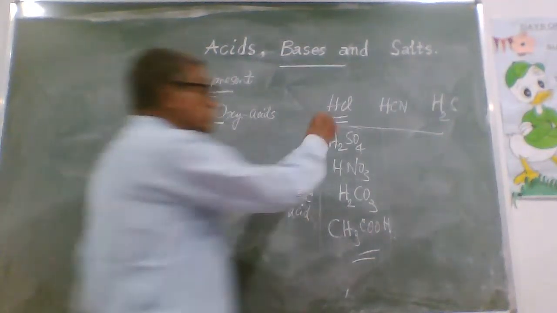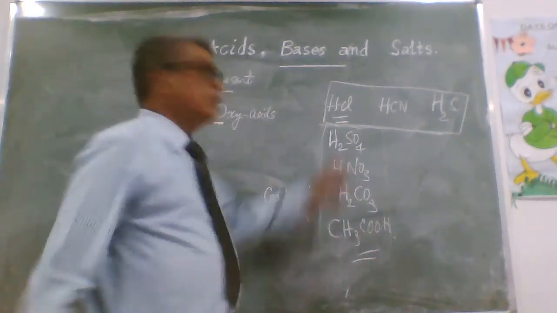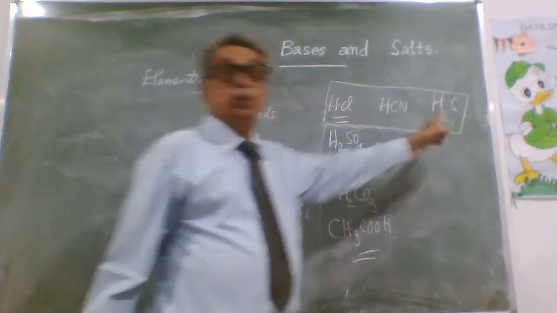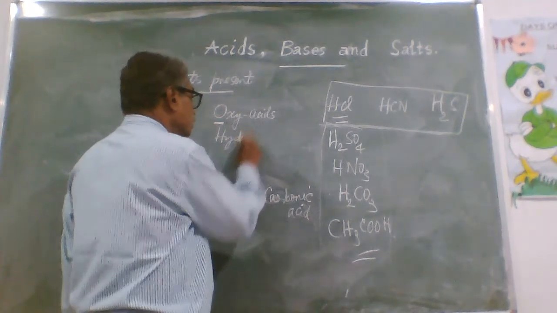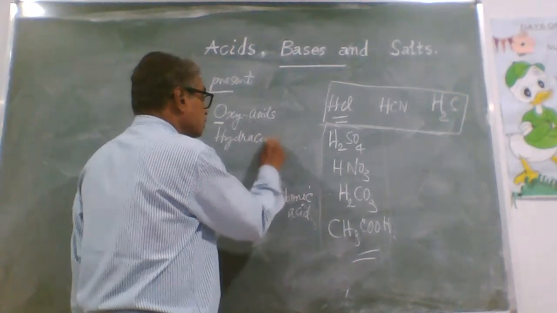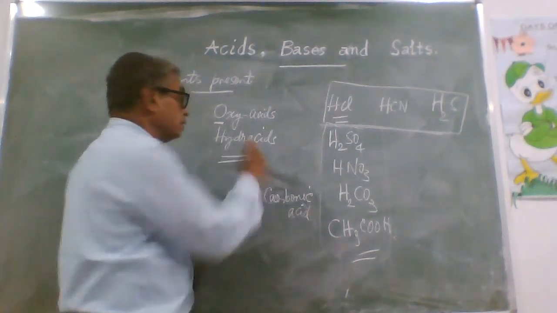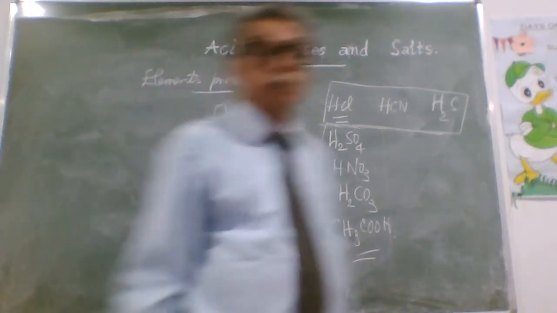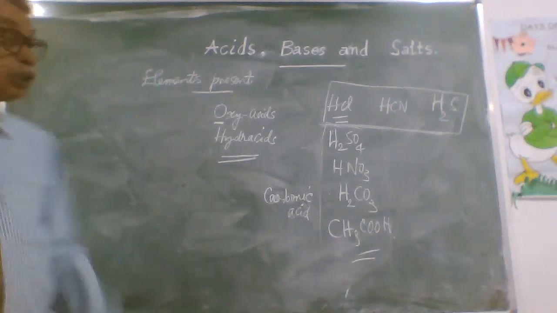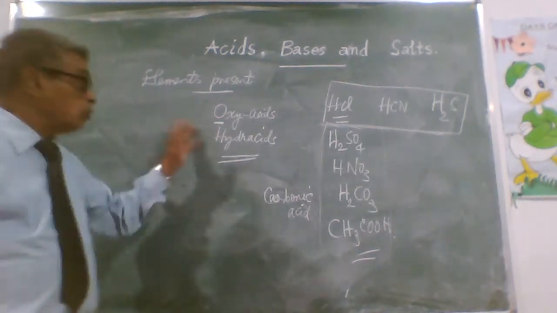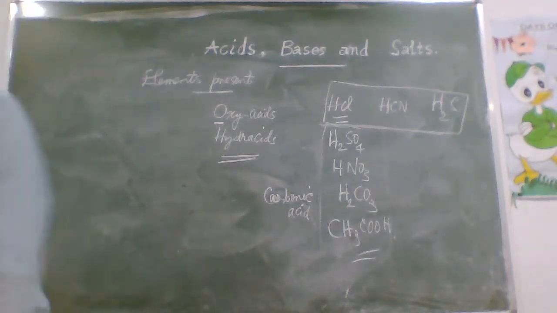And acids which do not contain oxygen, like HCl and H2S, are called hydracids. So oxyacids and hydracids: two types of acids based on whether there is oxygen in every molecule of the acid.